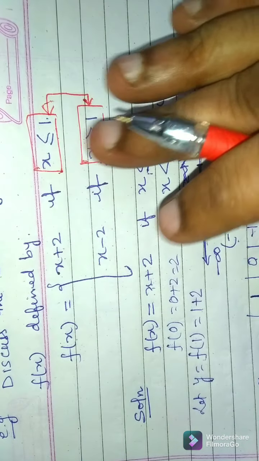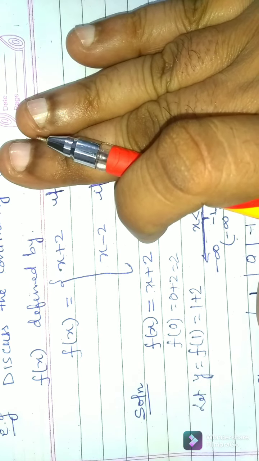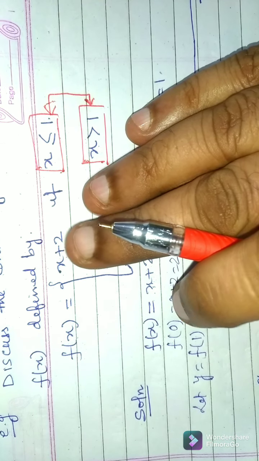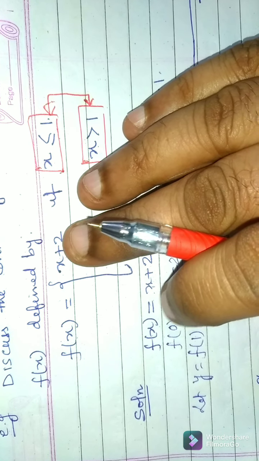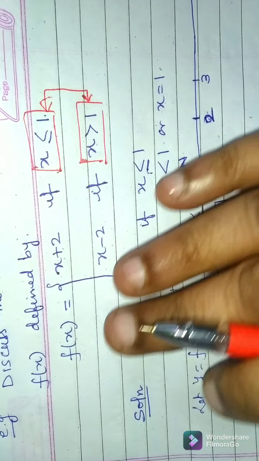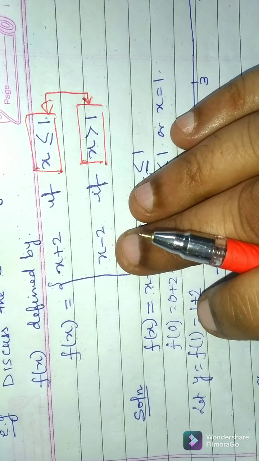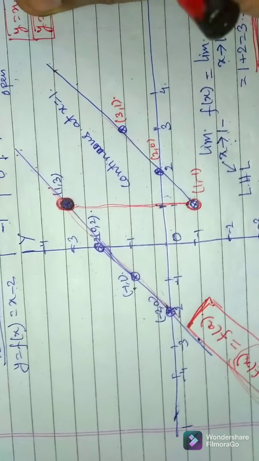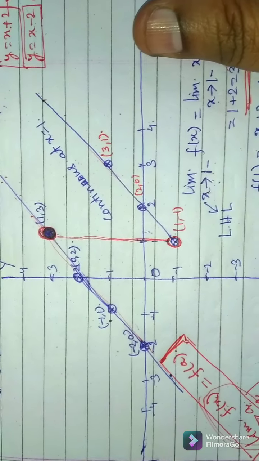But if this condition is not given, and f(x) equal to x plus 2 is only given, then it is a linear function. If f(x) equal to x minus 2 is given for all real values of x, is the linear function continuous or not? Every linear function is continuous.